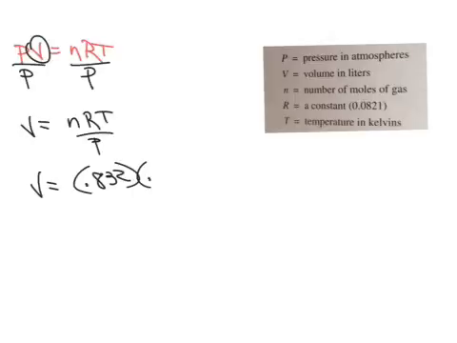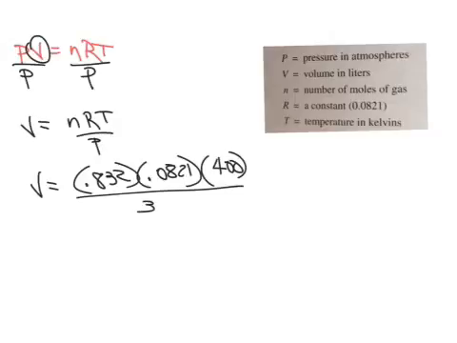Our R is again 0.0821. And our temperature is 400 kelvins. And we are over a pressure of 3, and solve. Multiply these and divide by 3 and you should get 9.11.